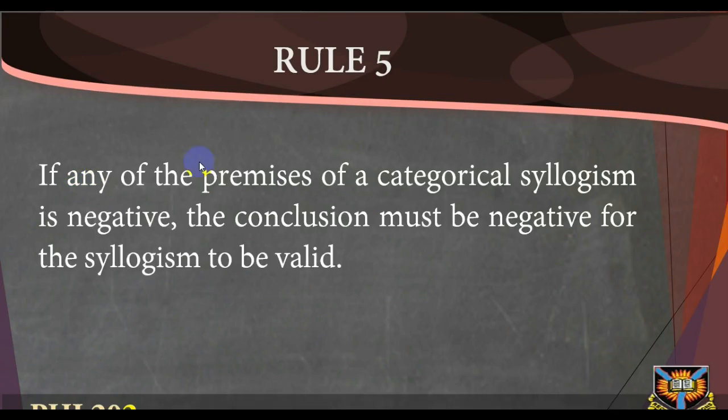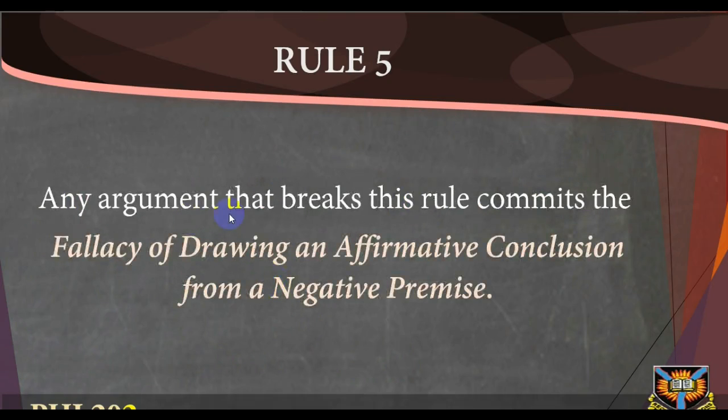Rule 5. If any of the premises of a categorical syllogism is negative, the conclusion must be negative for the syllogism to be valid. Any argument that breaks this rule commits the fallacy of drawing an affirmative conclusion from a negative premise.